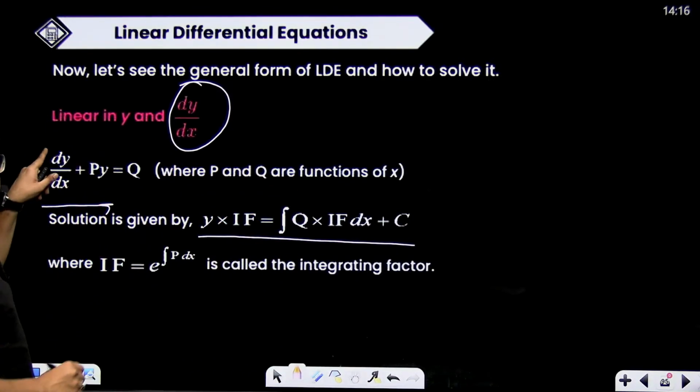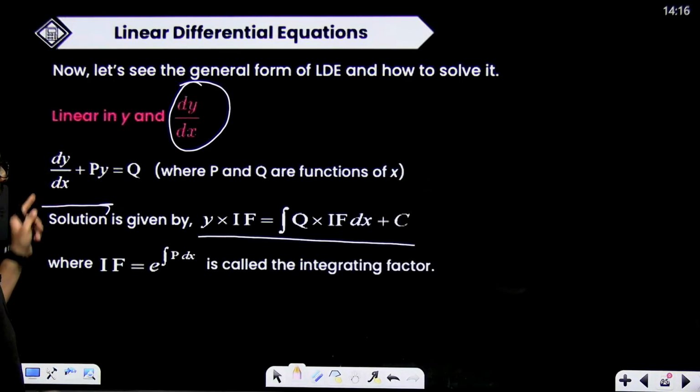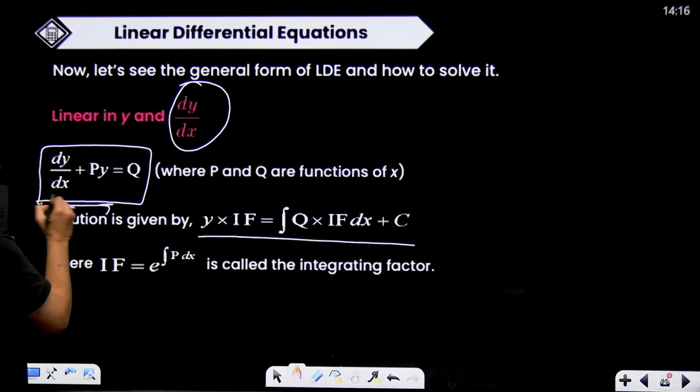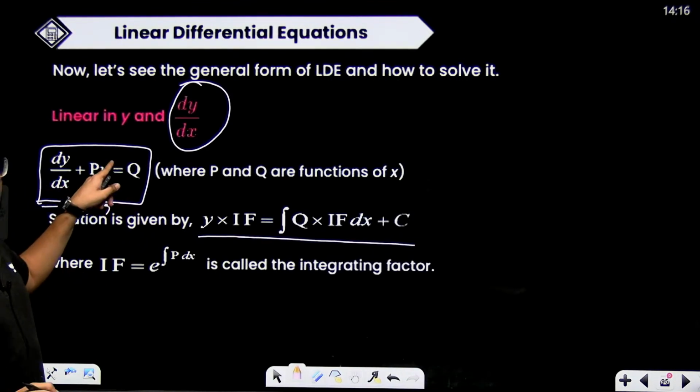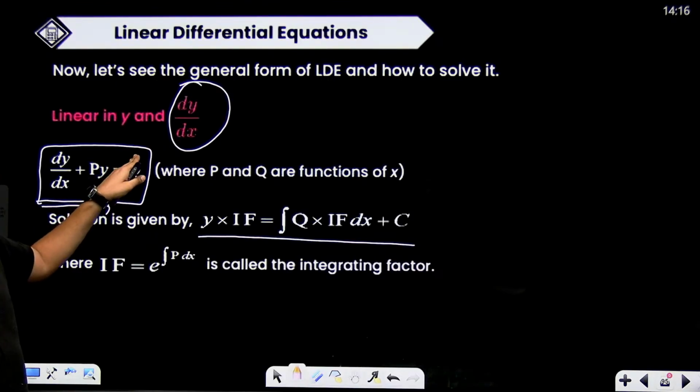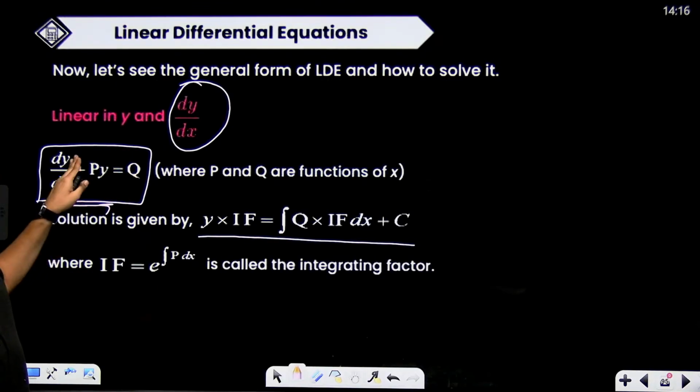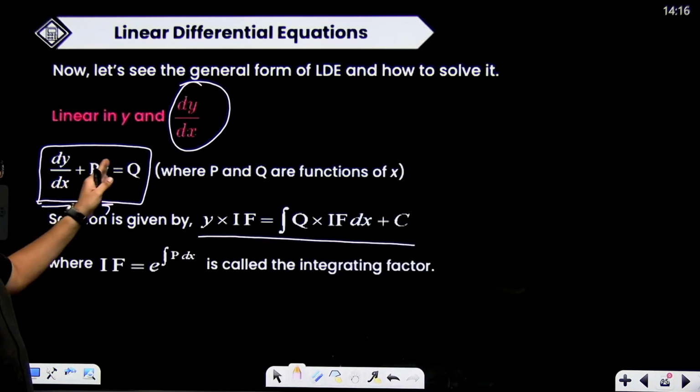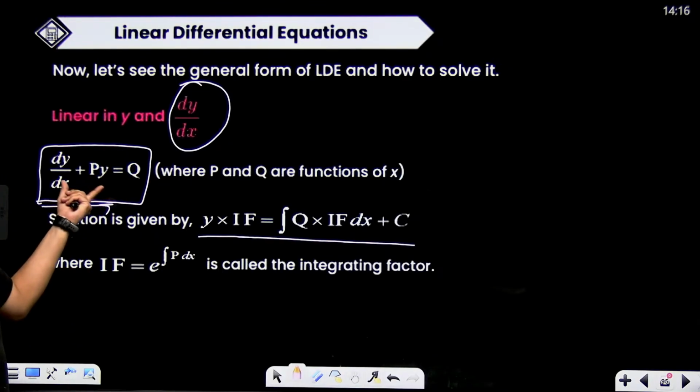If your equation is linear in y, then it will be of this form: dy by dx plus something multiplied with y equals q. This p will be some function not in y but some function in x, right? So dy by dx plus py equals q will be a linear equation in y.